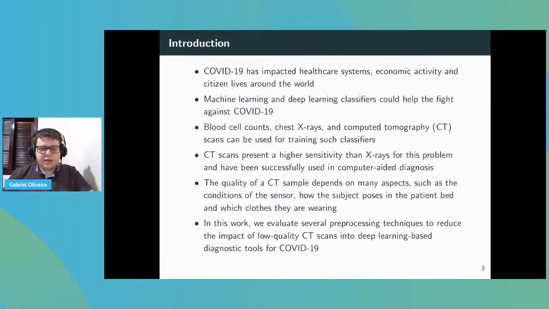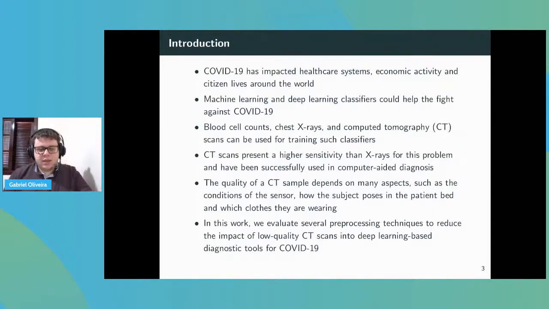So COVID-19 has impacted healthcare systems, economic activity, and citizens' lives around the world. To diagnose COVID-19, it's necessary to use, for example, PCR tests, and this kind of test is time consuming and requires a lot of effort.